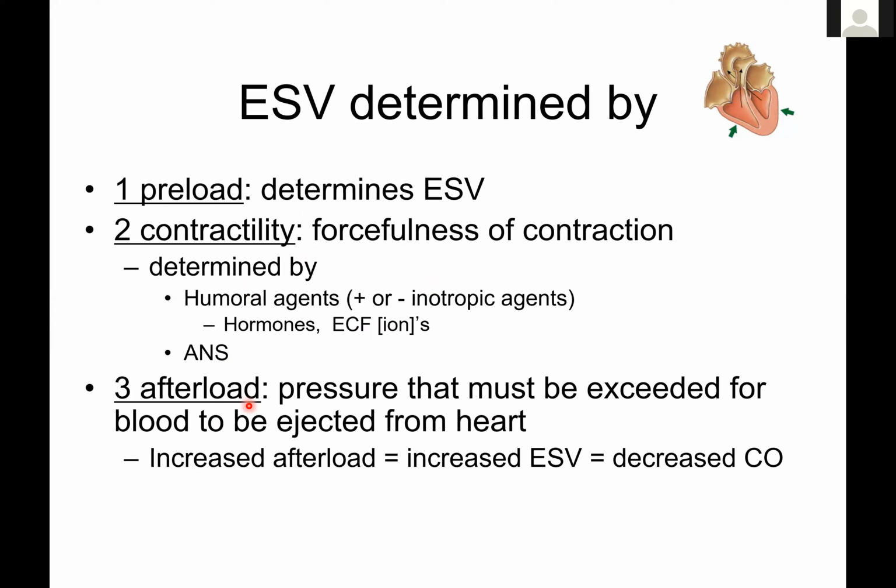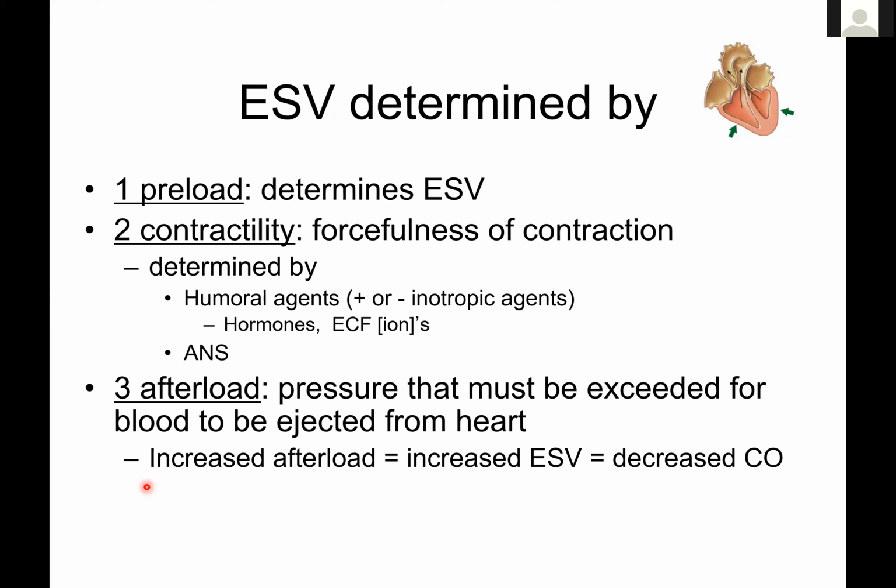So we have preload, which is how much stretch the bag of the heart is experiencing. We've also got afterload. So afterload is the pressure sitting down on top of the semilunar valves that must be overcome in order for ventricular ejection to occur. So I mentioned for the left side of the heart, that's about 80 millimeters of mercury, and for the right side, that's about 10.